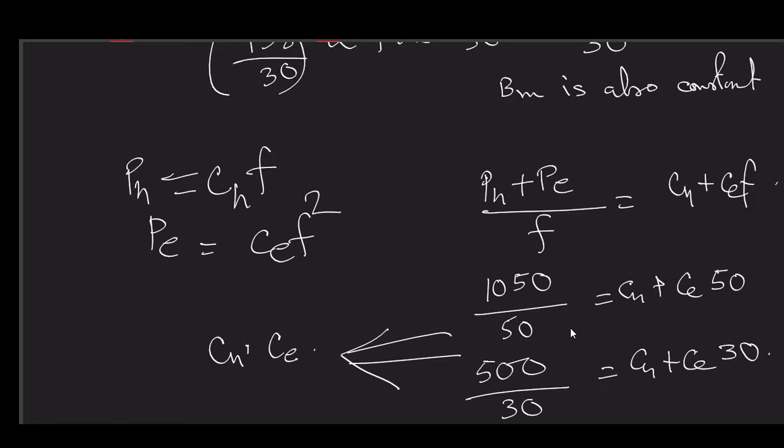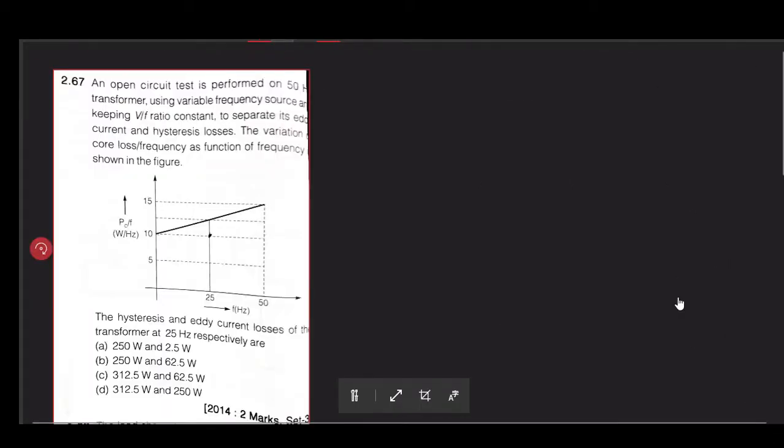And the same procedure we should apply for the solution of problem 2.67. What was there in 2.67? Let me share the image also. Here you can see that they are performing this total experiment by keeping the V by F ratio constant, and accordingly they are getting a constant value of hysteresis loss, and eddy current loss is linearly increasing with frequency.